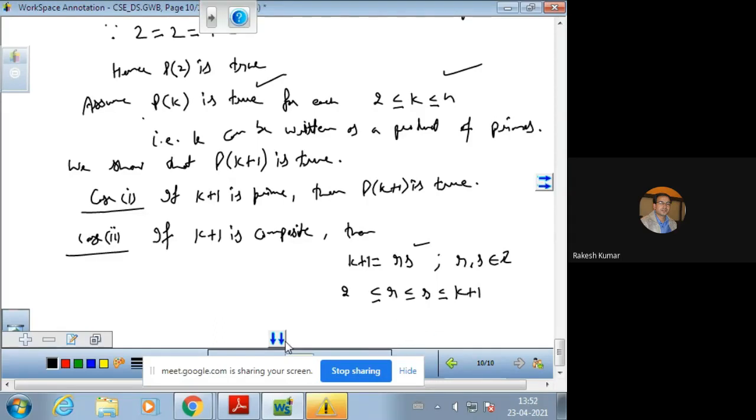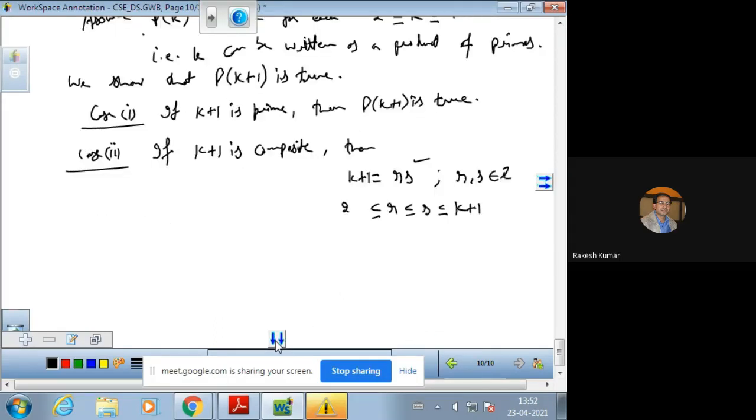Now by the induction hypothesis, both r and s, induction hypothesis ये कह रहा है, both r and s can be written as a product of primes.